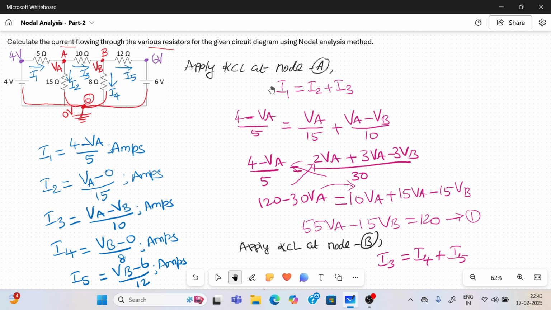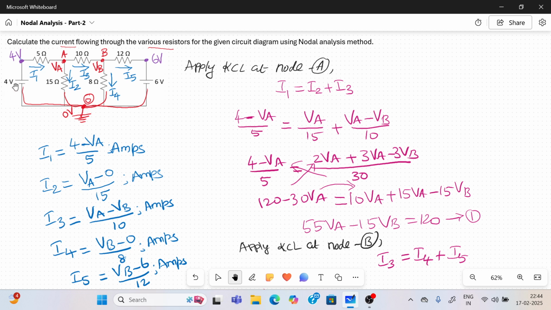Already I told, if you are going to solve nodal analysis by matrix method, there should be a constraint. What are the constraints? If all the sources are current sources, then no problem. You can solve directly by matrix method. If there is a voltage source present in your nodal analysis circuit, then it should be in series with a resistance.